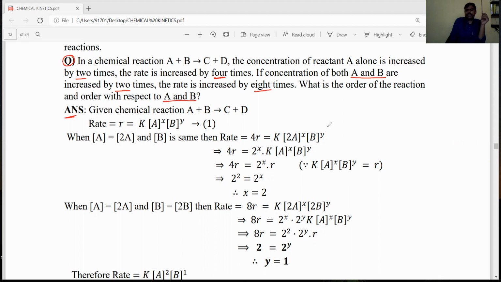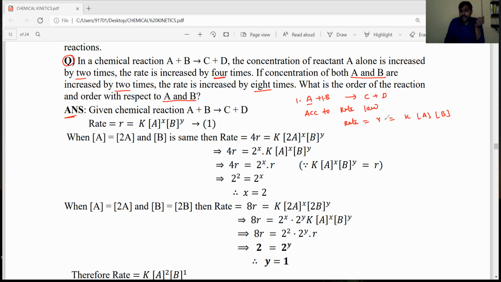Let's see, dear students. Write the general equation A plus B is converted into C plus D. According to the rate law, the rate r is equal to K into concentration of A into concentration of B. The stoichiometric coefficients here are 1, but they may or may not be equal to the order.